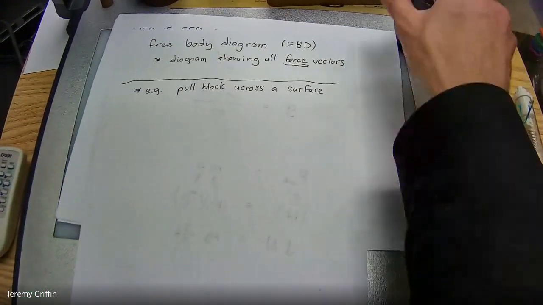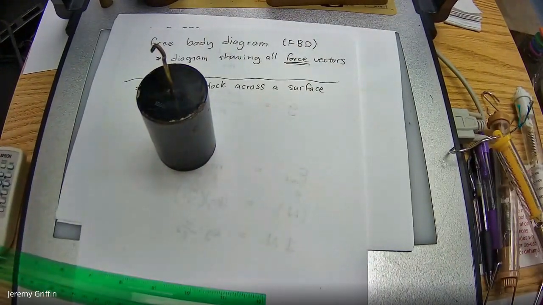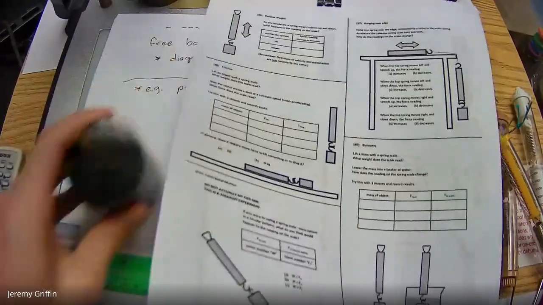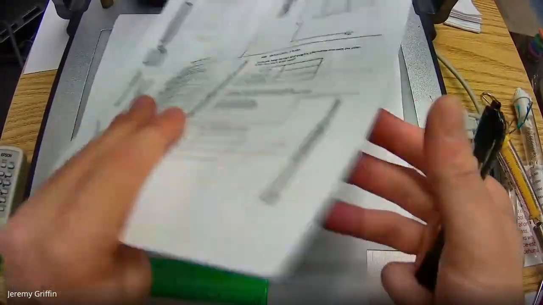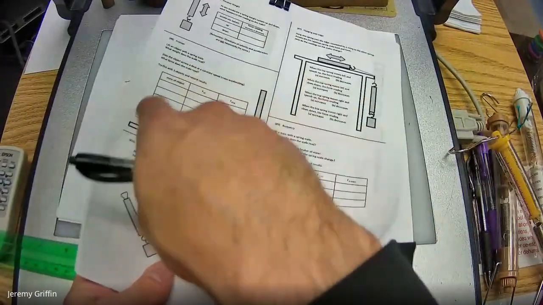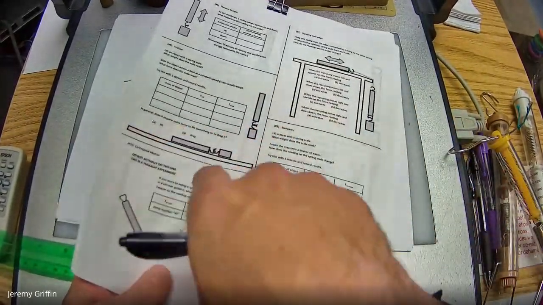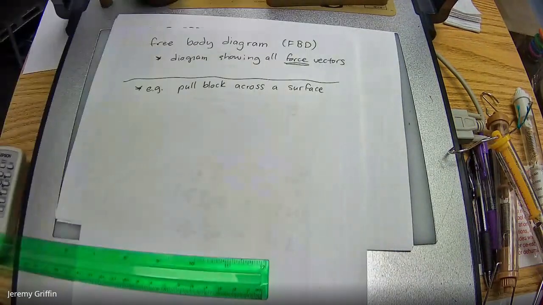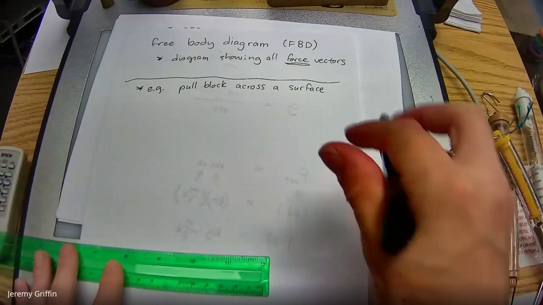And you guys did this the other day. Remember during this sandbox type lab, you did like 10 mini labs, and one of them involved exactly what I'm going to show you here. You lifted a block versus dragged it across the surface, and then you recorded the numbers. So let's show a free body diagram for this and analyze what was going on with that motion.